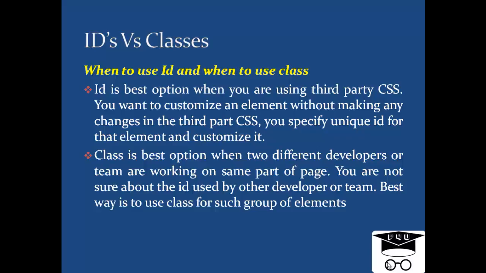You specify a unique ID for that element and customize it, because the ID will be unique in the entire HTML page. And class is the best option when two different developers or teams are working on the same part of the page, and you are not sure about the ID used by the other developer or team, then the best way is to use the class for such a group of elements.